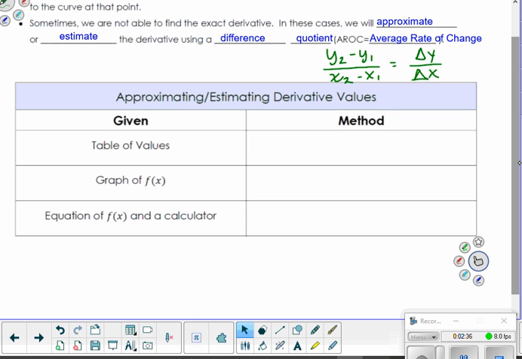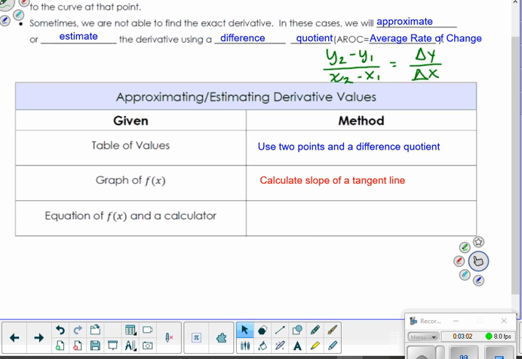So what would these techniques look like? Well, if I had a table of values, I would use 2 points from that table and calculate the difference quotient. If I had a graph, I'd probably grab a ruler and try to draw in my tangent line and calculate out the slope, either by counting up and over when I hit nice grid points, those intersection points of grid lines.